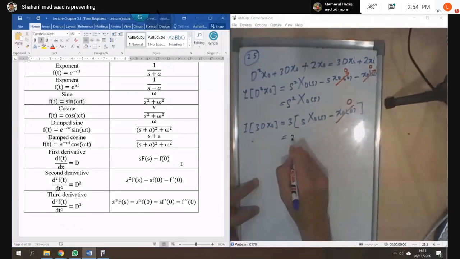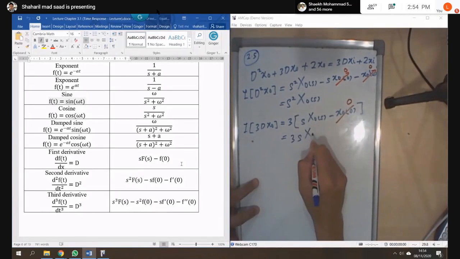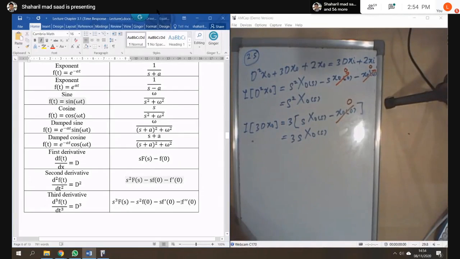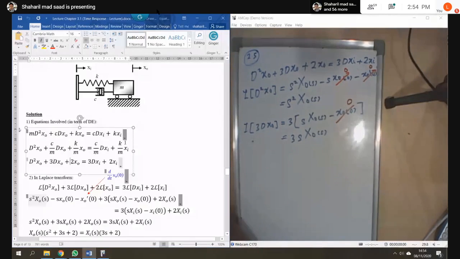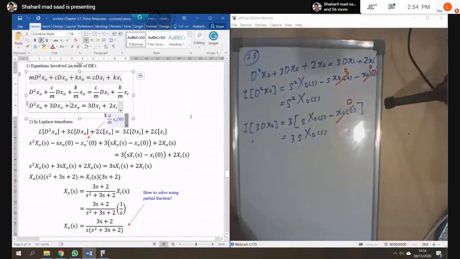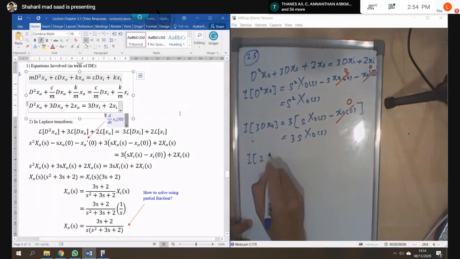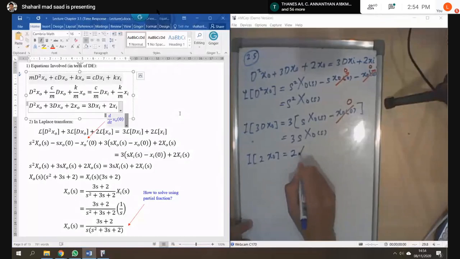Then you got 3s x naught of s. Am I right? Betul tak? Betul, okay. And then you Laplace again 2x naught of s, so you got 2x naught of s.